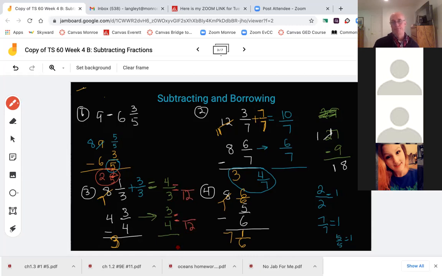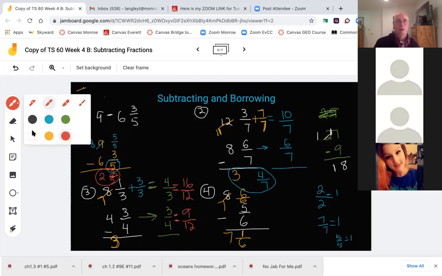4 times 3 got me to 12, so 3 times 3 is 9. 3 times 4 got me to 12, so 4 times 4 is 16. Whatever I did to the denominator, I have to do the same thing to the top, multiply by the same number. Okay, I'm ready to subtract now with this common denominator.